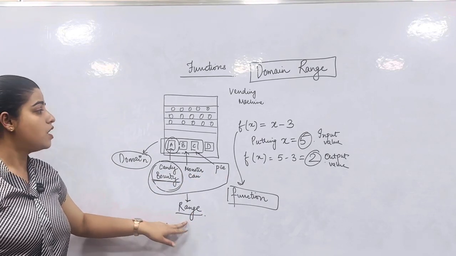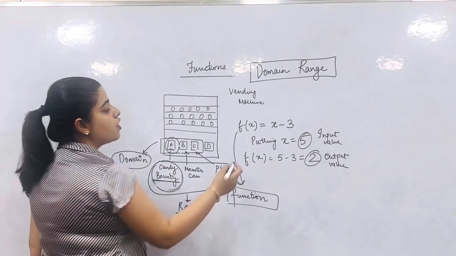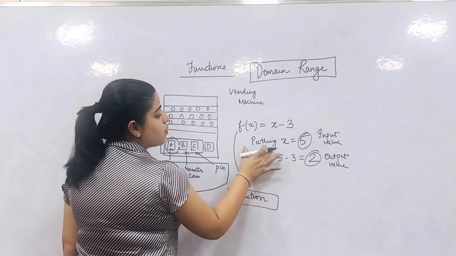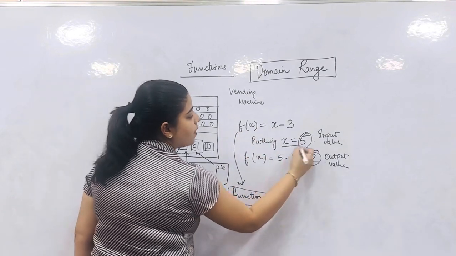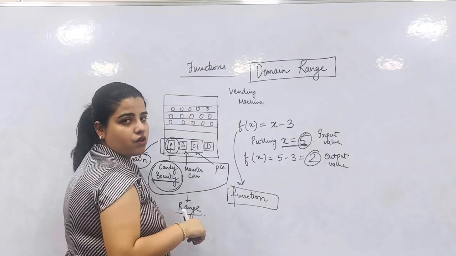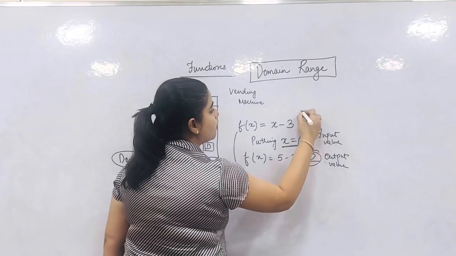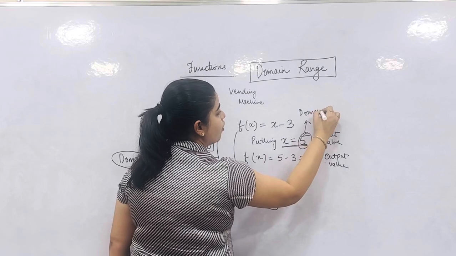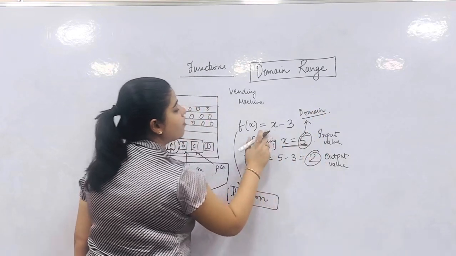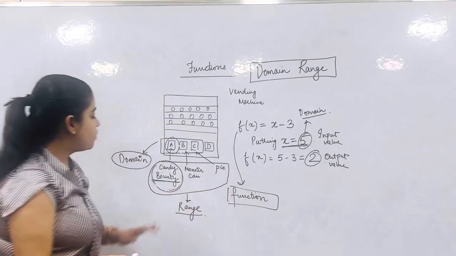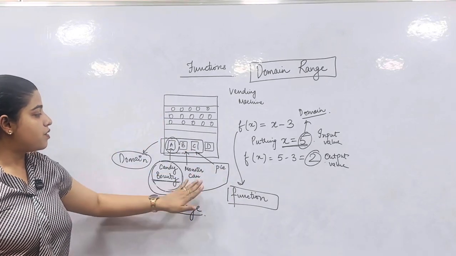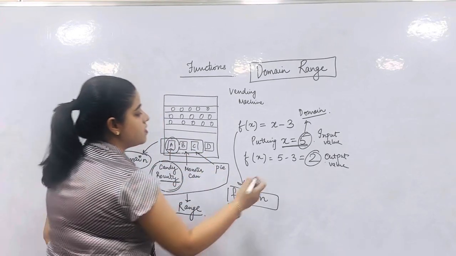The products that you're getting when you're pressing buttons A, B and C are your range. Now in the example where f(x) = x - 3, we are putting x = 5. So 5 is your domain because this is the input value that we are putting in the function, and the output value that you're getting for the respective input values is your range.